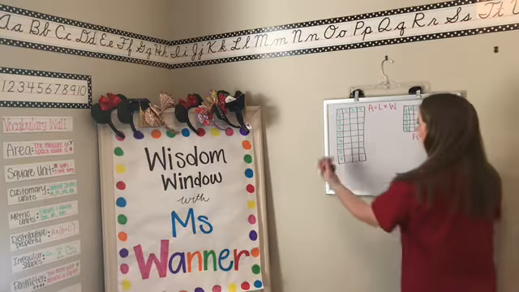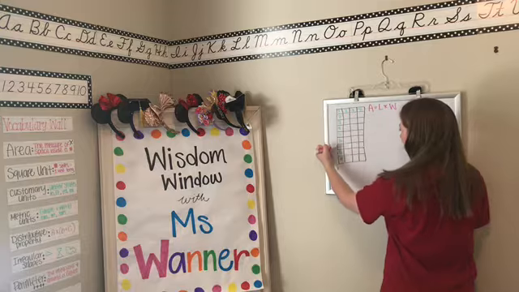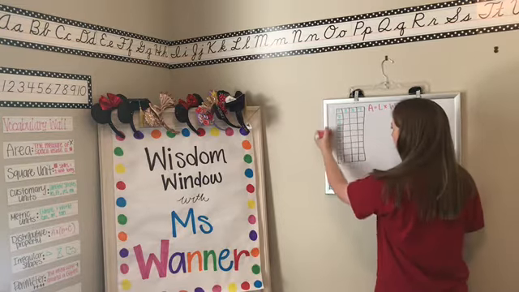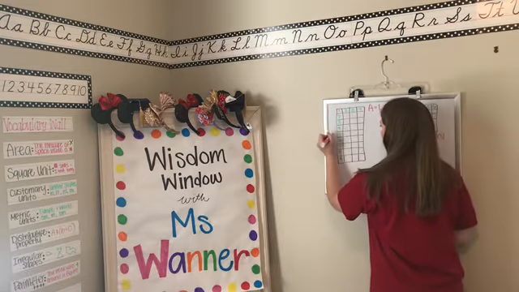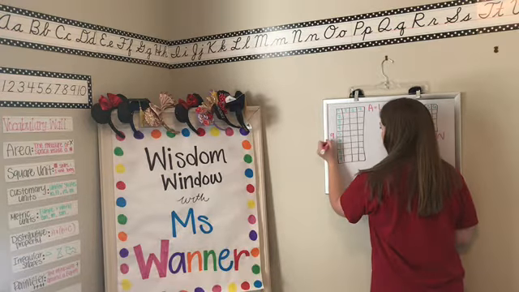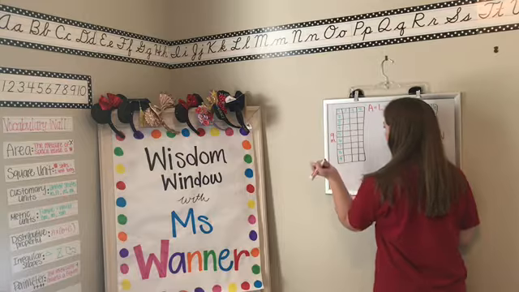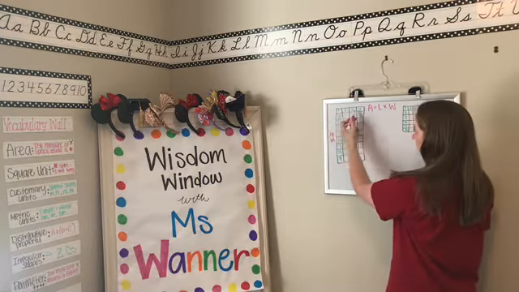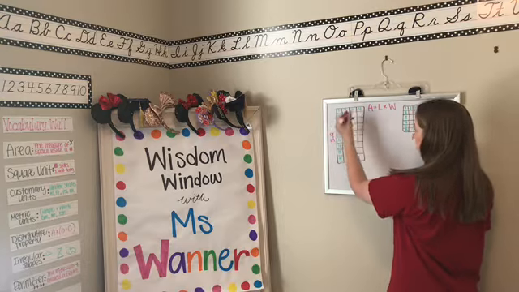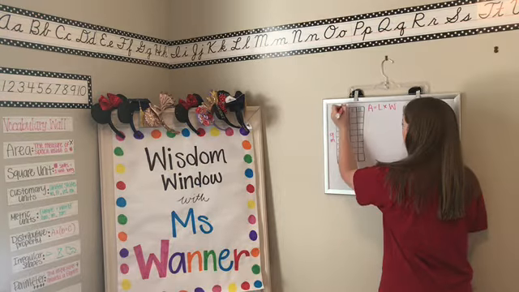So here I have counted 9 square units on my length side of my object. So I'm going to write 9 inches. And then on my width side, I have 4 boxes, or 4 square units. So I'm going to write 4 inches.